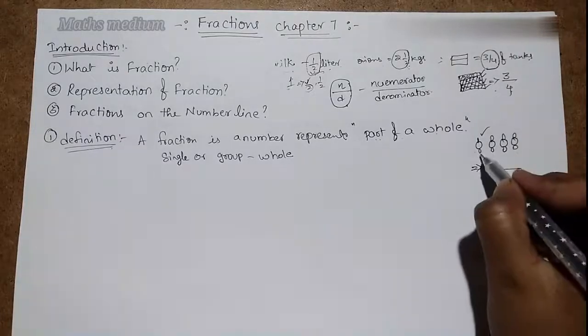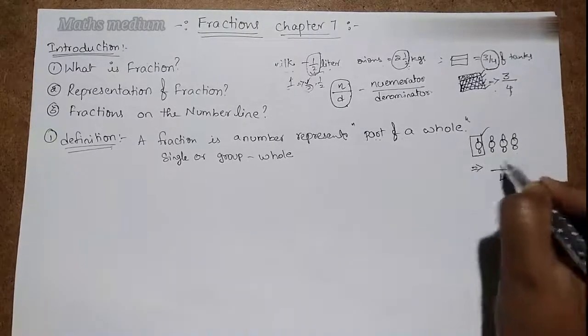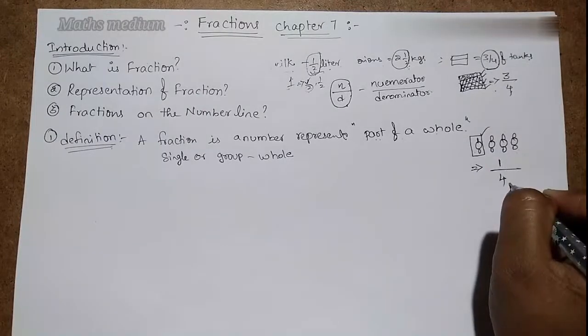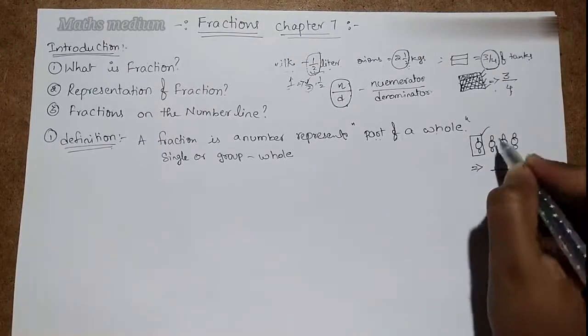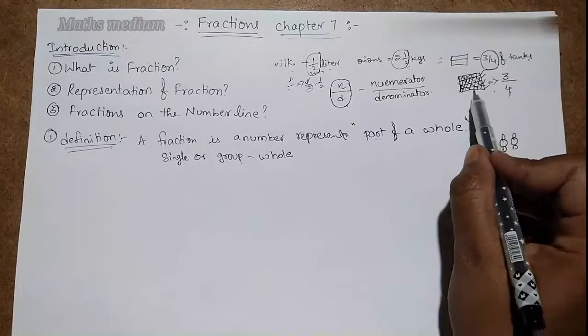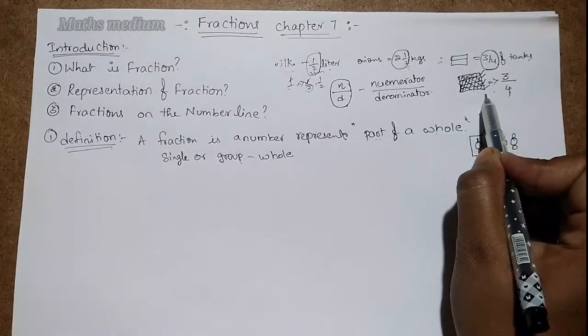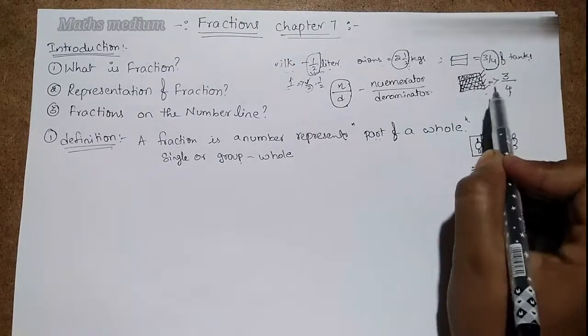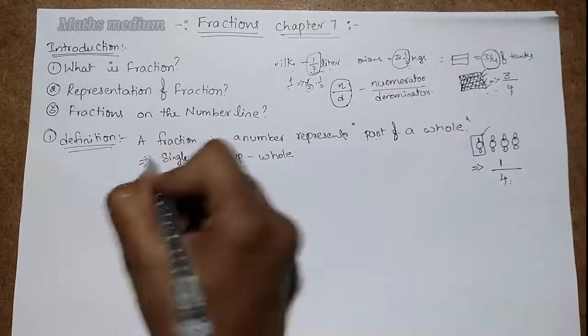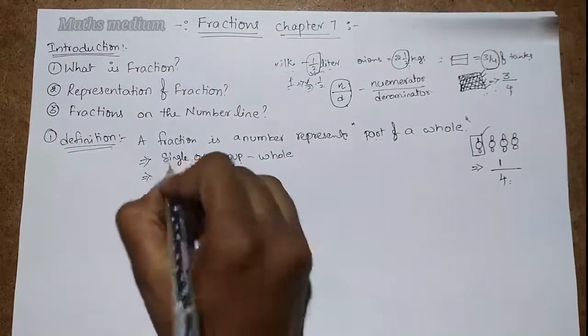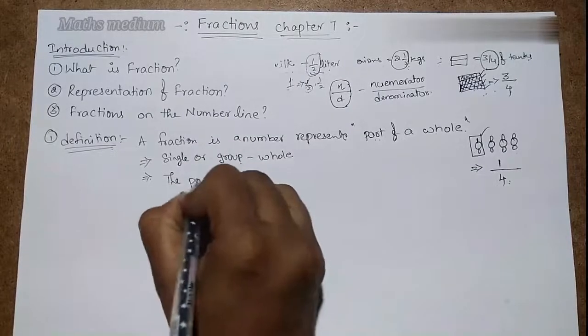And how much part you give, this is the part. So 1/4. This is the representation of a fraction. It is a group. In case of a single, that is the example for the single representation of a fraction.